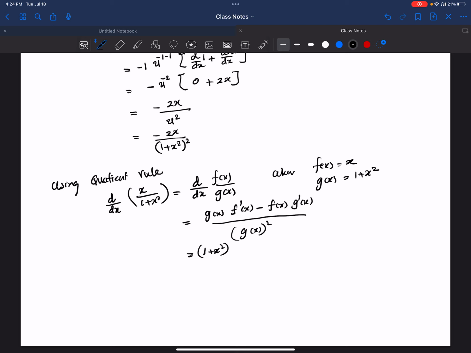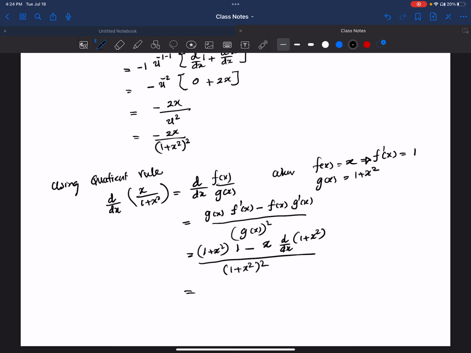What is f prime x? It is 1, right? So you have 1 minus f of x, which is x, times g prime x, d over dx of 1 plus x squared, divided by g of x squared, which is 1 plus x squared squared.